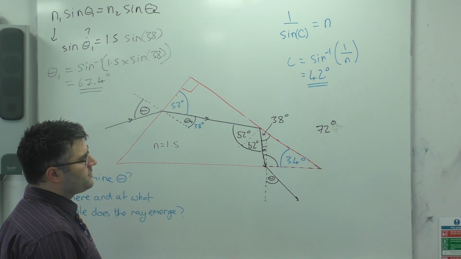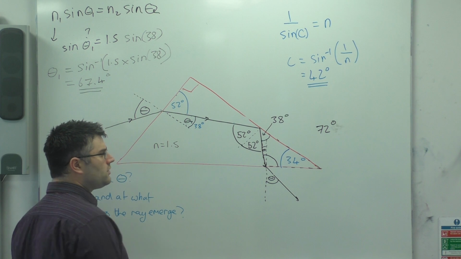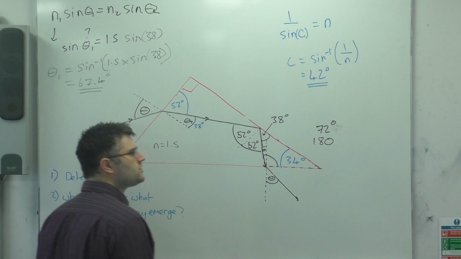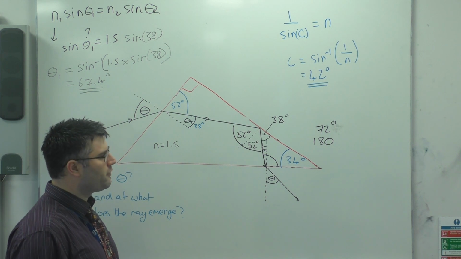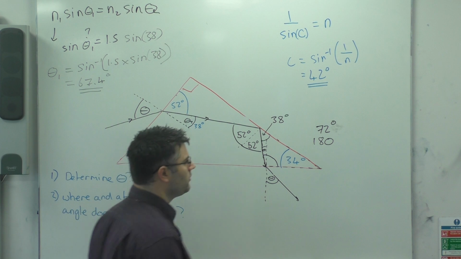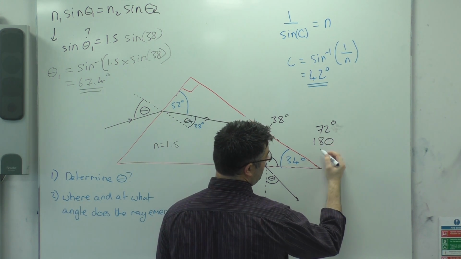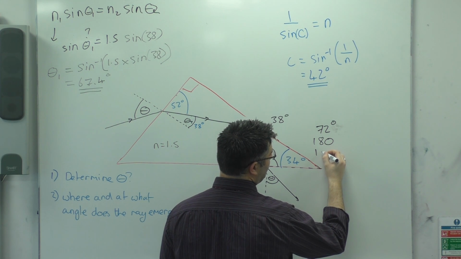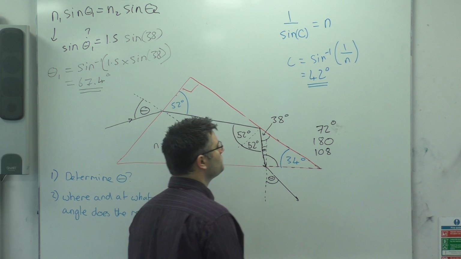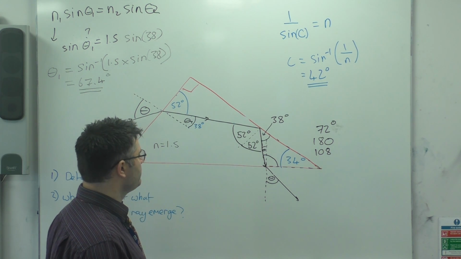So 72 degrees. How many degrees is in a triangle? You've got 180. So what's missing from this calculation? Well, we've got 180 degrees, so we've got 108. So we've got 108 degrees.